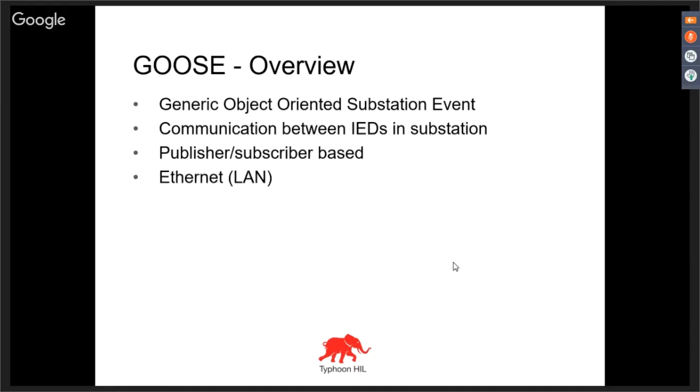It is Ethernet based in a local area network and event driven. Basically, what this means is the messages are sent periodically at some specified time, for example, every half a minute.